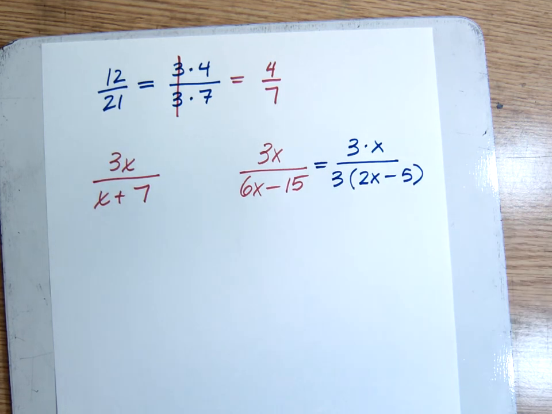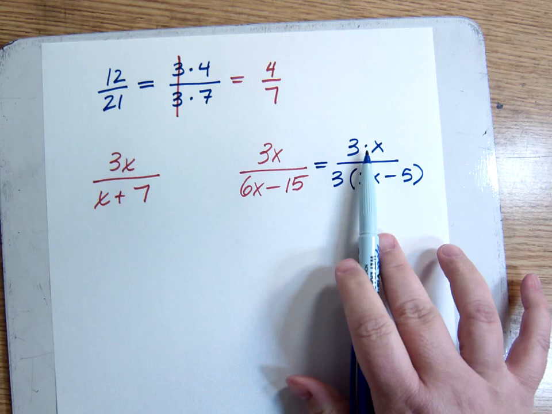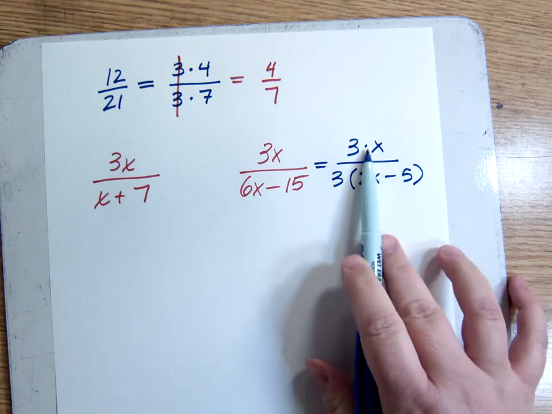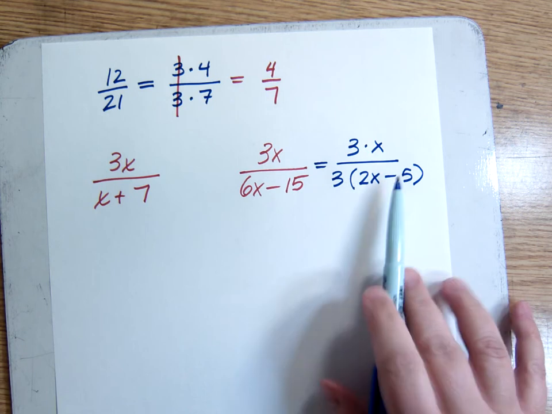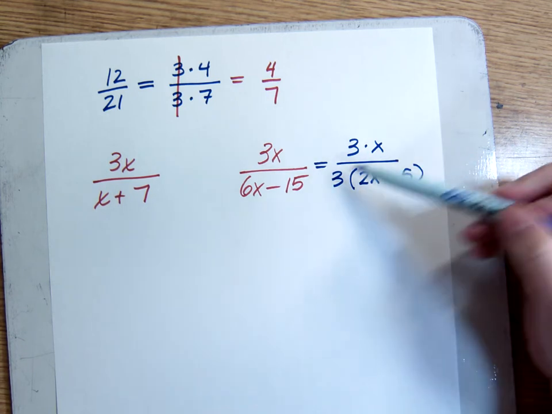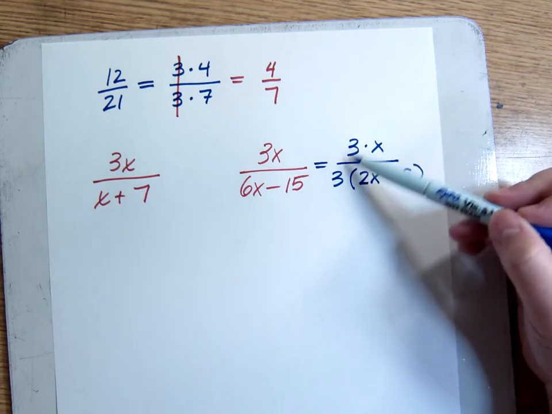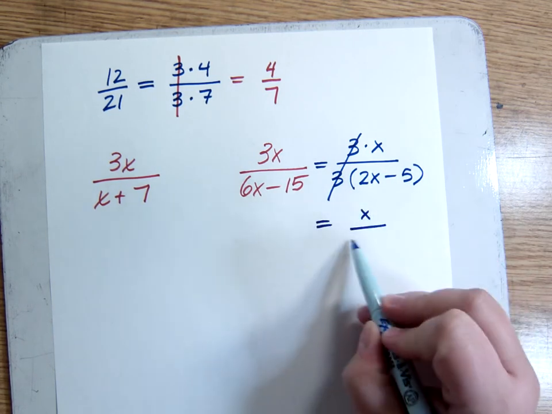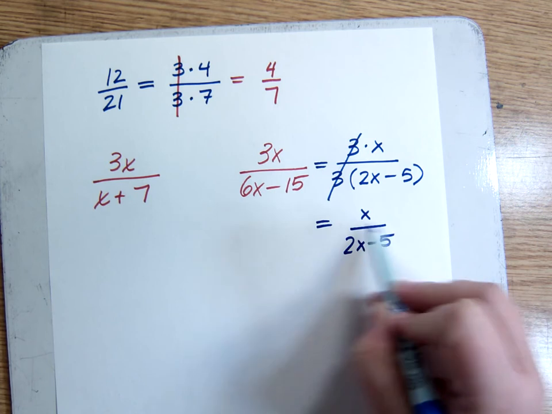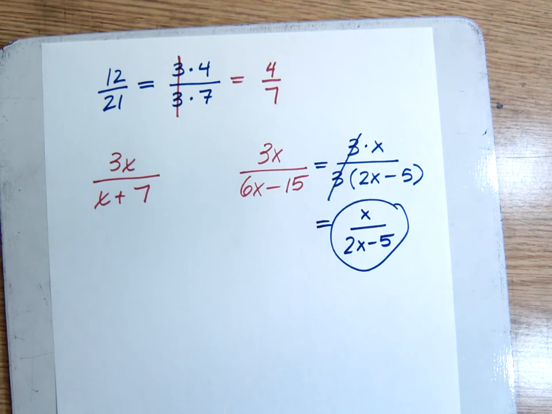So if you want something factored, if you want it in factored form, when we say factor, factor, factor, I'm saying get it to where it's a product of factors. Okay, write it as a product of factors. And then, sure, you can separate this. You could say 3 over 3 is 1. So my answer here is just x over 2x minus 5. I can't simplify that any further. That's it. Can't do anything else.